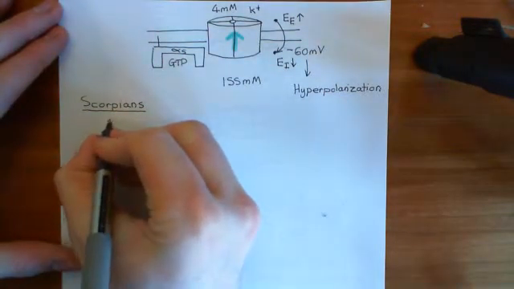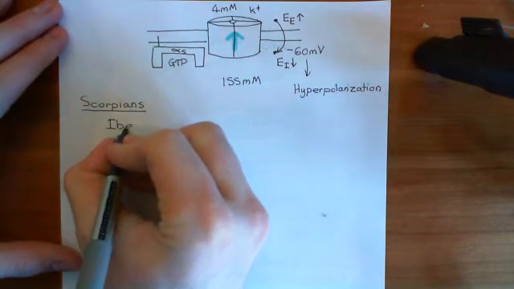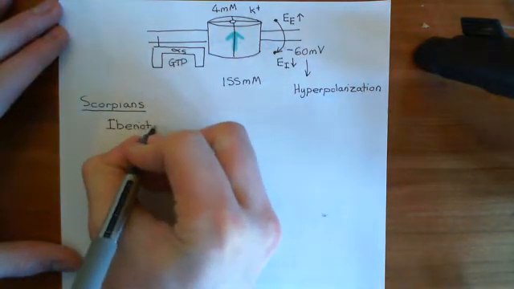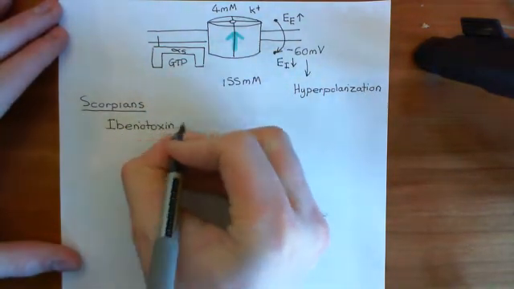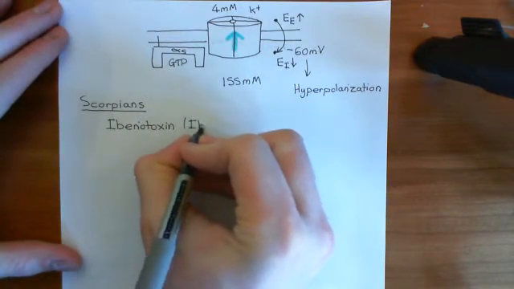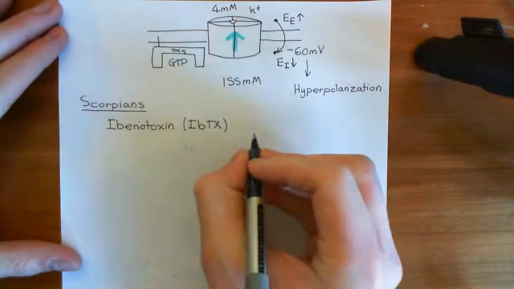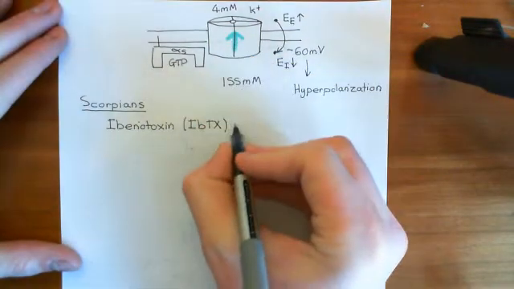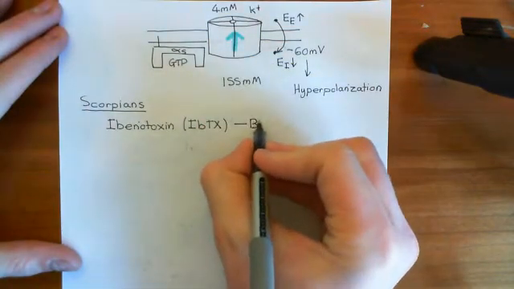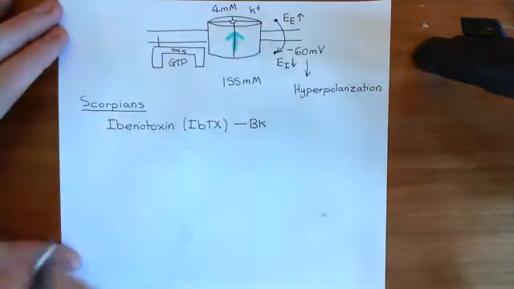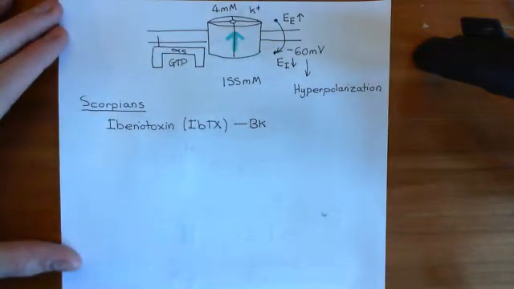Okay, so the first one is called iberiotoxin, and iberiotoxin is often abbreviated to IBTX for short. Right, and basically iberiotoxin is a selective BK blocker, so it blocks the BK channels from conducting potassium.